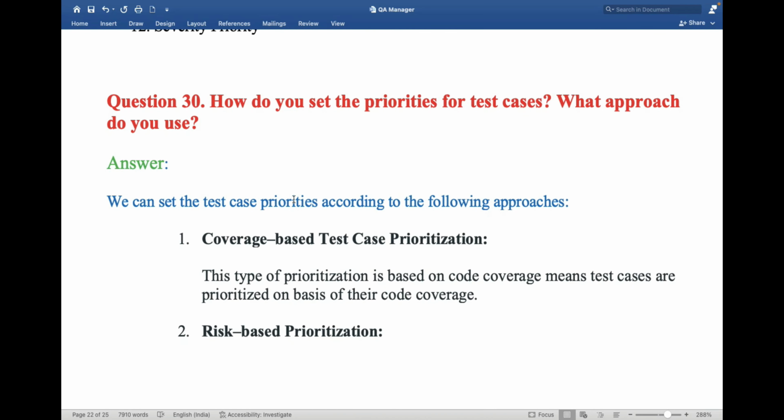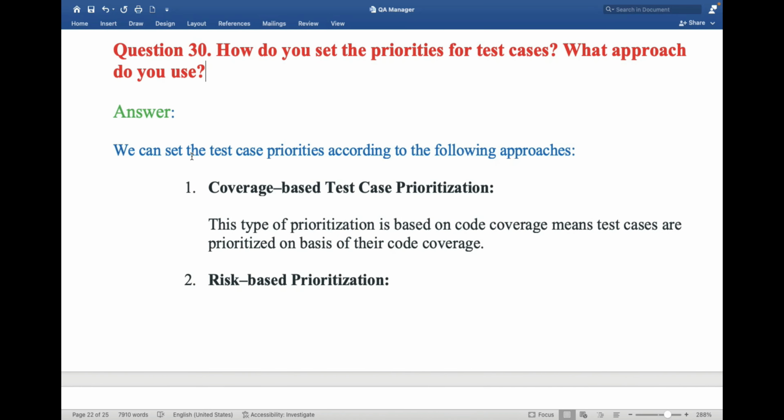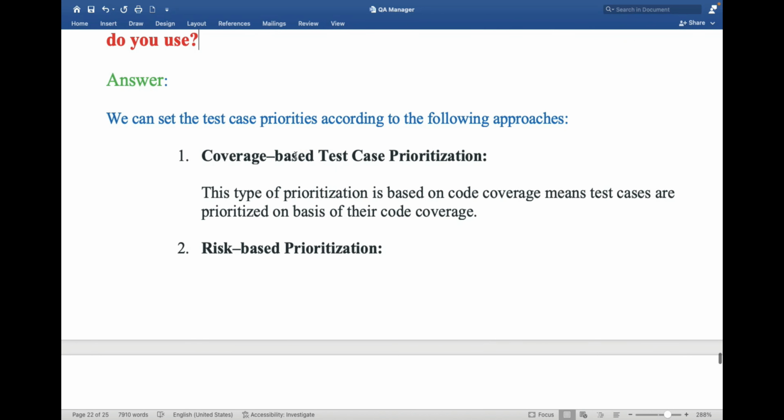And next question is, how do you set the priority for test cases? What approach do you use? Friends, basically this kind of question is asked by the interviewer to find out whether you are really working as a test manager or test lead or not. So we can set the test case priority according to the following approaches. First one is the coverage based test case prioritization.